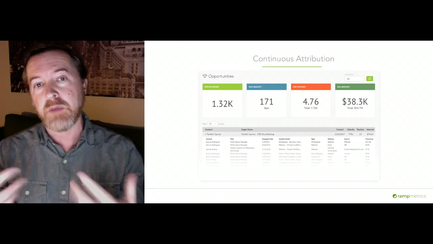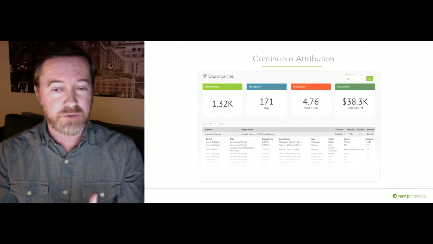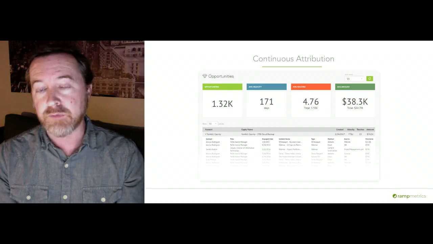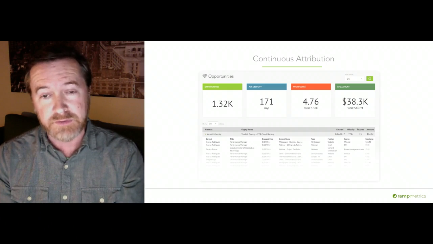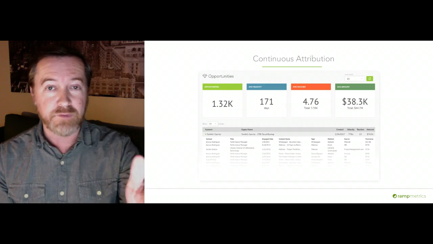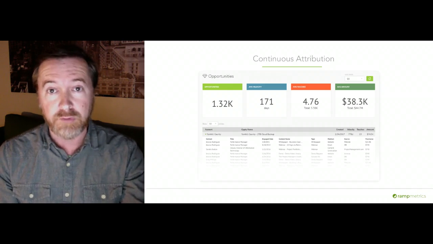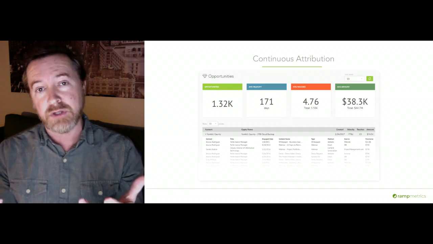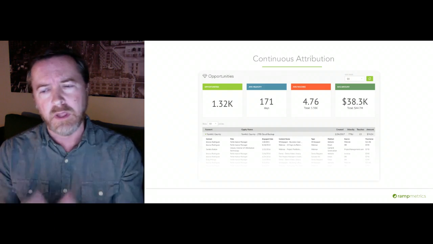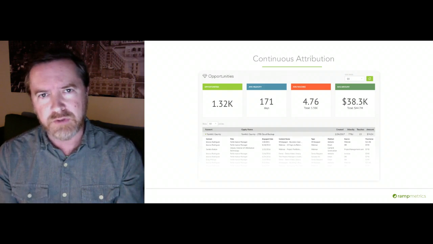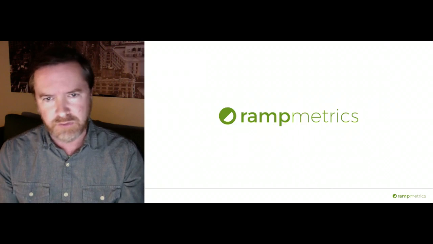And then for the big picture, we're looking at some interesting stats: the average number of touches given the time period or the filtering that I'm doing on this screen, or the average velocity from first to create or first to close. The velocity question and the number of touches, like the marketing effort to get that deal, are interesting metrics to show in a board presentation or bigger picture conversations.